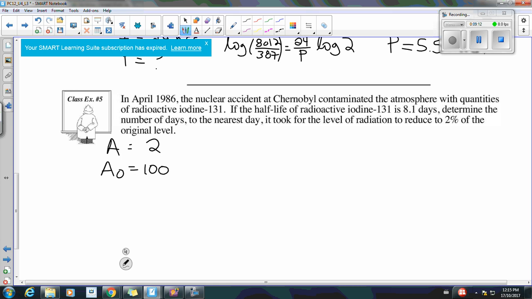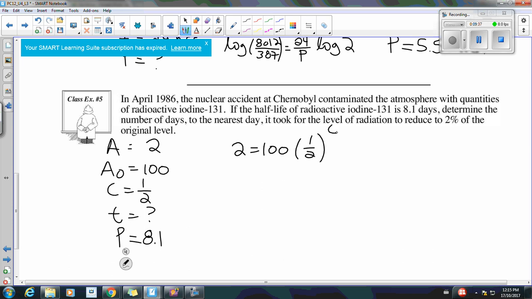You could use 1 and 0.02, it doesn't really matter. Our C here, since we're looking at half-life, is 1/2. The time is what we're looking for, but we were given that the half-life is 8.1 days, so we can use that there. So we have our final amount equals our initial amount times 1/2 to the T over 8.1.